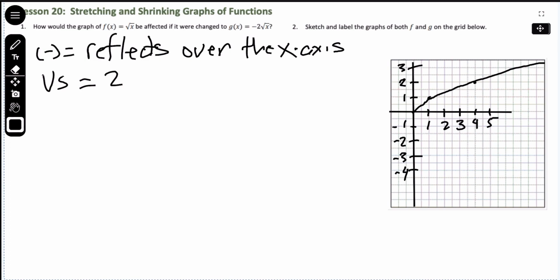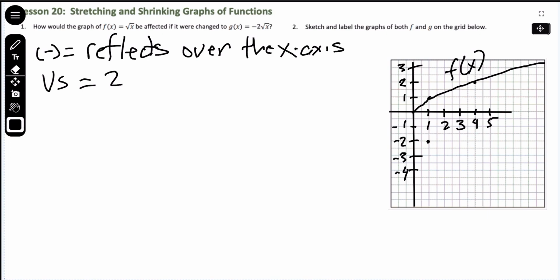Now, if you go to the second part, our g of x, so this is f of x. Okay. G of x, we said, is going to reflect and be a vertical stretch of a factor of 2. Okay. So basically, where 1 is 1, 1, this is going to be 1, negative 2. Okay.